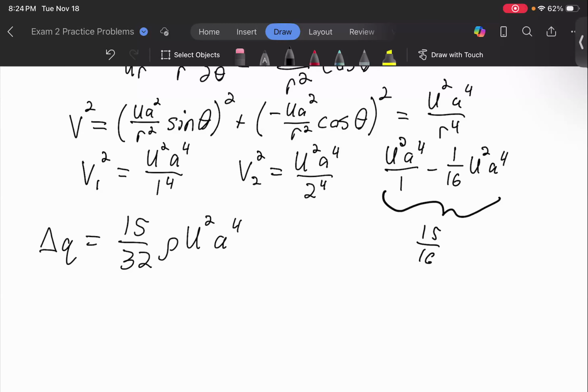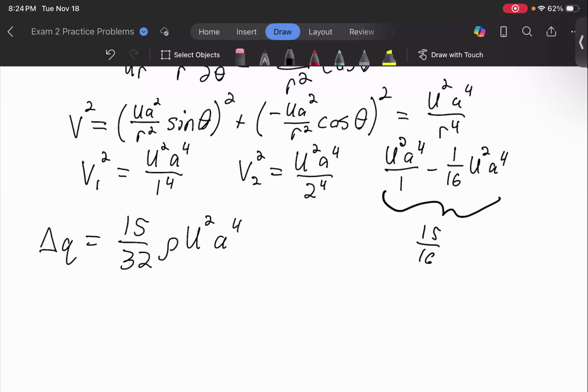Both the path line and the streak line do not have to be a function of t, right? If they're not functions of t, if the flow is steady, all three of them are the same. They end up overlaying on each other. It's only when the flow is unsteady that the path line and the streak line are not going to be the same.